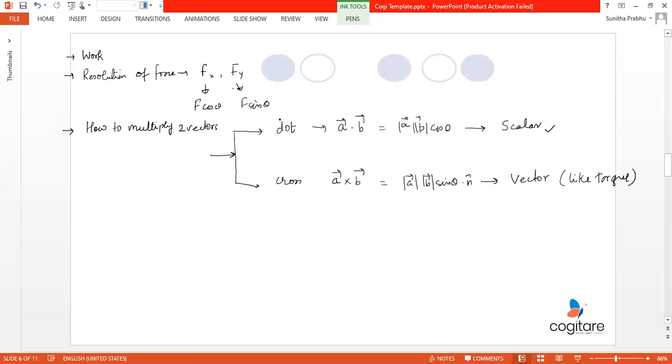Yeah, because here I introduced you to what you mean by torque. Torque is very much coming in 10th standard, but you will not know that torque is a vector. You will use the term clockwise, anti-clockwise moment, which means you're specifying the direction.